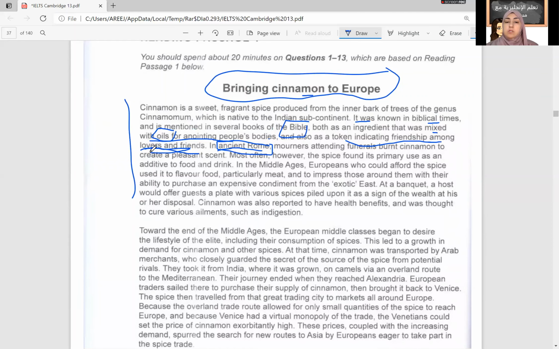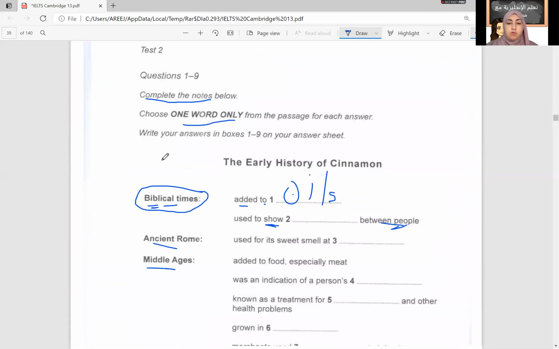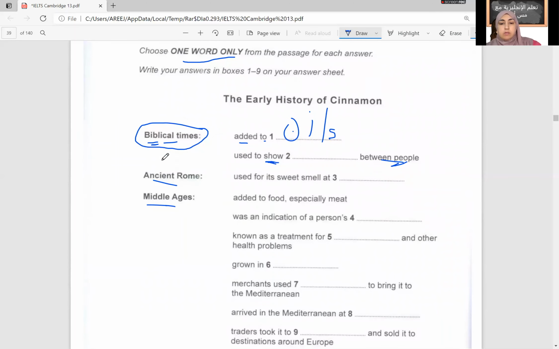Lovers and friends is just like people. Indicate means to show. So the word here is, of course, friendship. Sorry about the handwriting, guys, again. Okay, now we're done with this one.